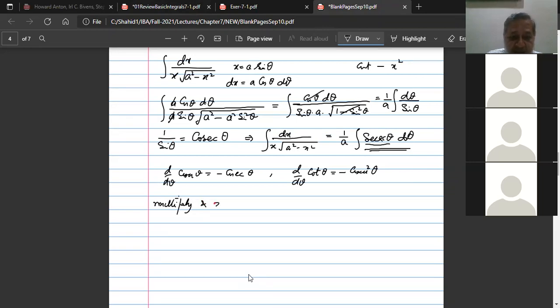Multiply and divide by cot theta plus cosecant theta. Which one? This one. So that will make, now I am just writing this, the integral of cosecant theta was what I was fighting with. I was up against solving this integral, for which I said multiply and divide by cot theta plus cosecant theta.